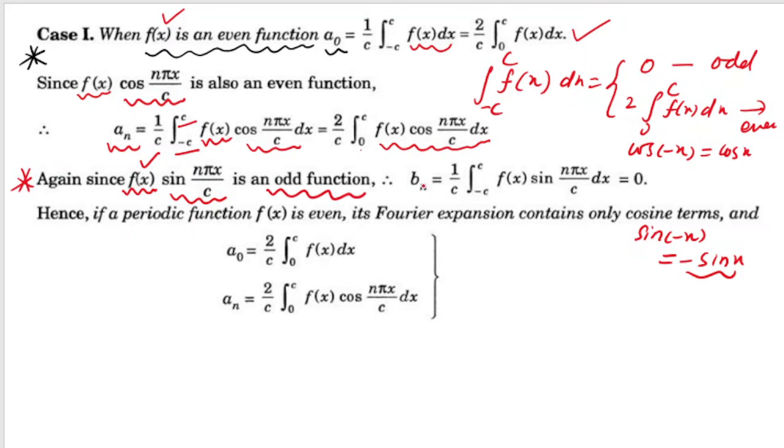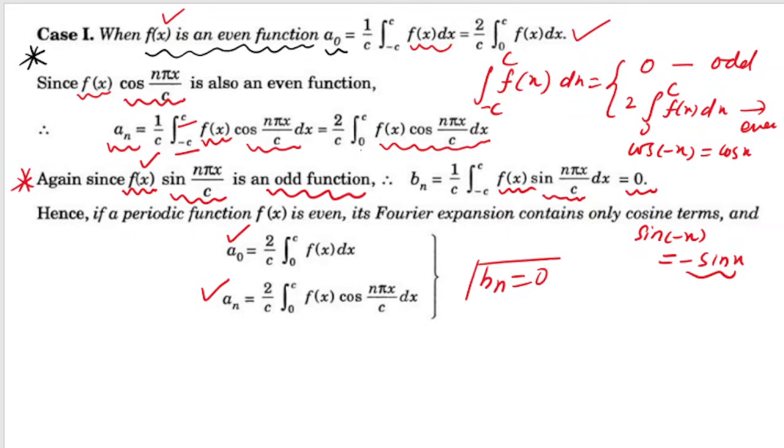And if we have to calculate b n, this function, that is f of x into sine n pi x by c, in total is an odd function, so the integral will be equal to 0. So the Fourier series expansion in this case will have the a naught term and the a n term, but the b n term becomes 0.